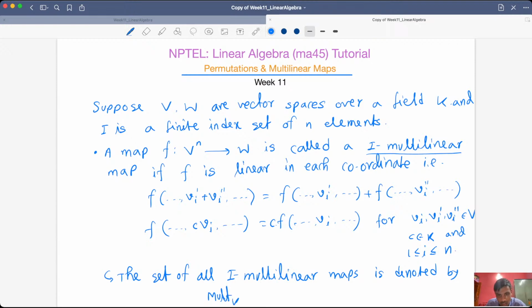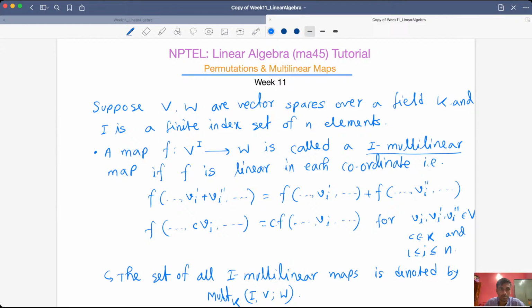This is the set of all such multilinear maps from V^I to W. Usually I replace I by n, so it is just V^n only. Now, how does permutation come into play in multilinear maps?